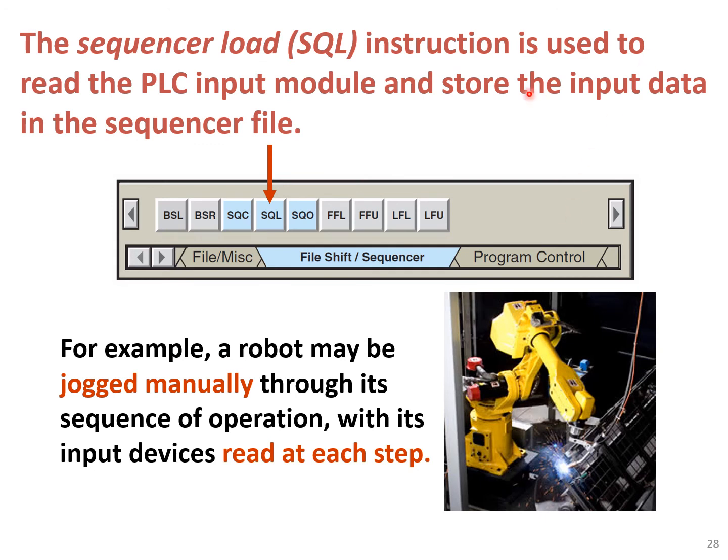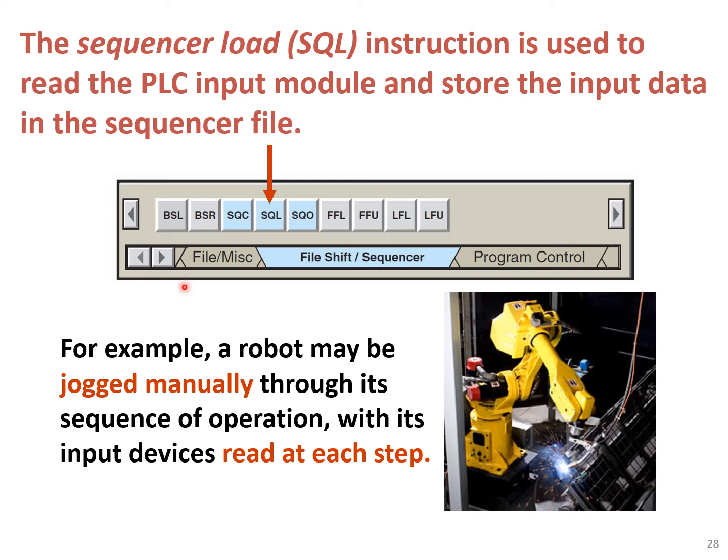The sequencer load or SQL instruction is used to read the PLC input module and store the input data in the sequencer file. So by SQL, we are creating the sequencer file. We are not reading a sequencer file, and we are not comparing our inputs to the rows and words in the sequencer file. We are creating a sequencer file.